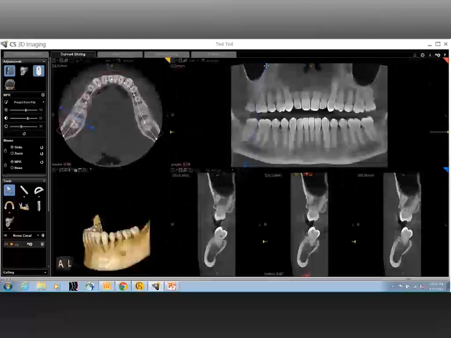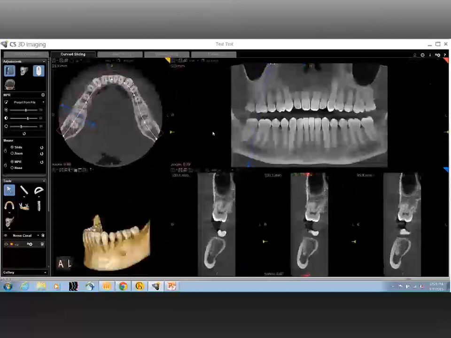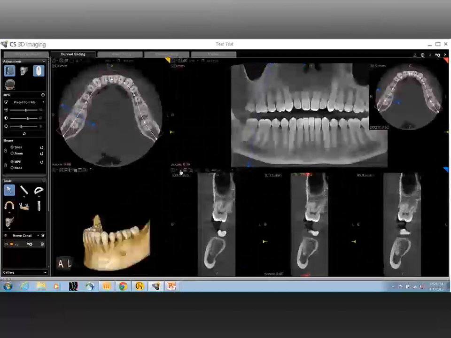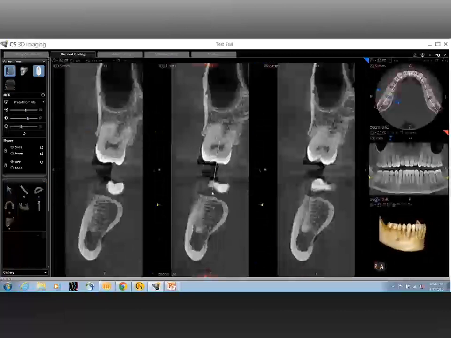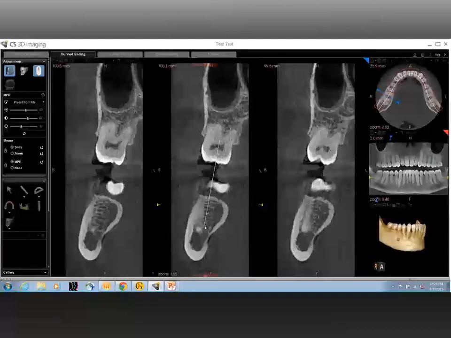And I have to emphasize that it is not limited to what I say over here, but the common things to be noted in terms of implants is, number one, the angulation of the ridge. The angulation of the ridge would give you an idea of how the ridge is in relation to the opposing dentition.